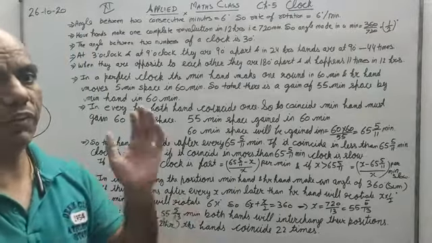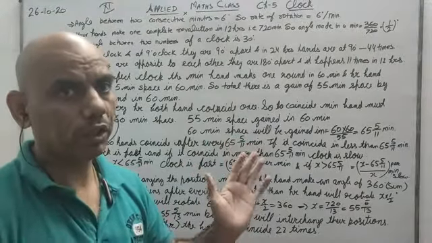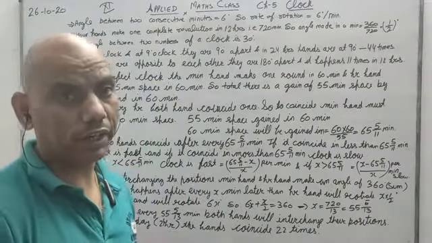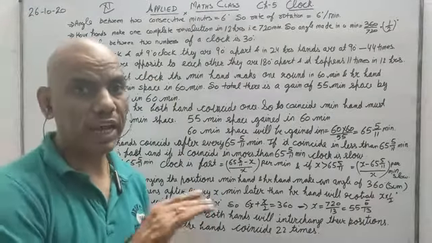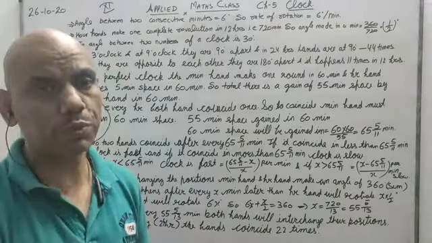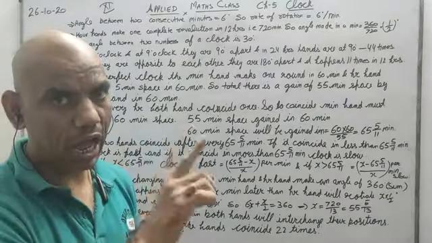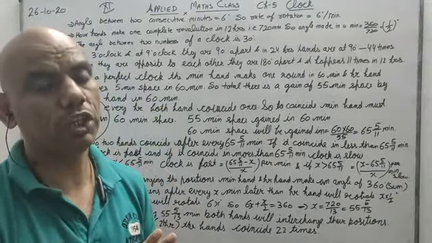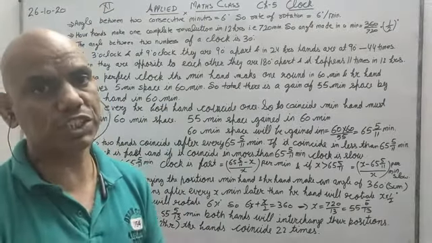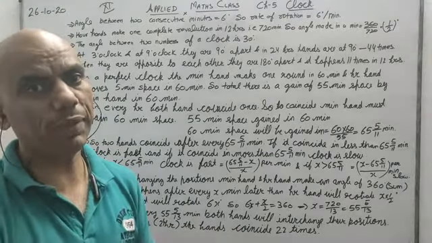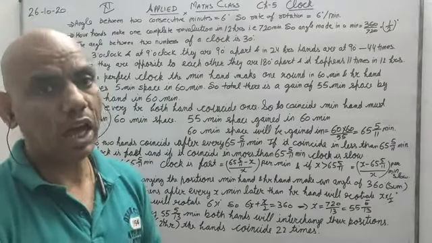For example, if it is 1 o'clock, the minute hand will take one revolution in 60 minutes, and in those 60 minutes the hour hand will come to 2. So now the distance between the hour hand and minute hand is 55 minutes. So in every 60 minutes the minute hand gains 55 minutes over the hour hand.